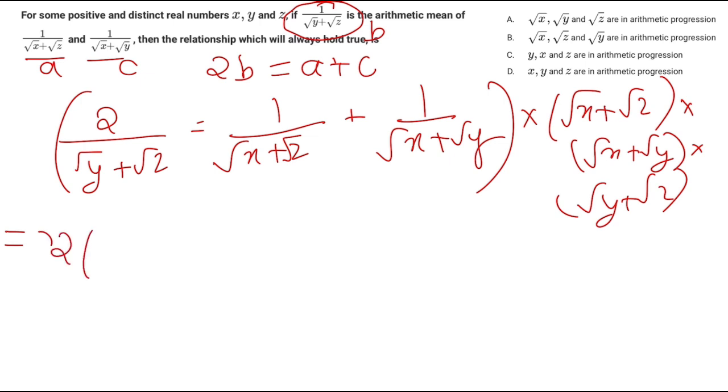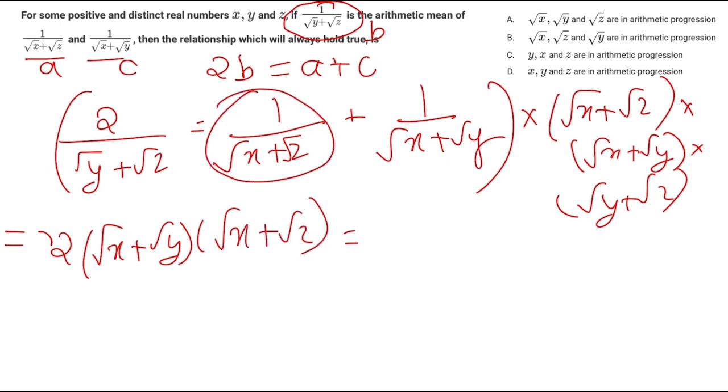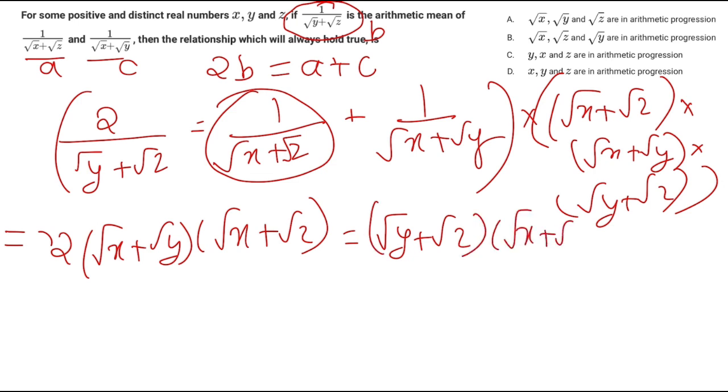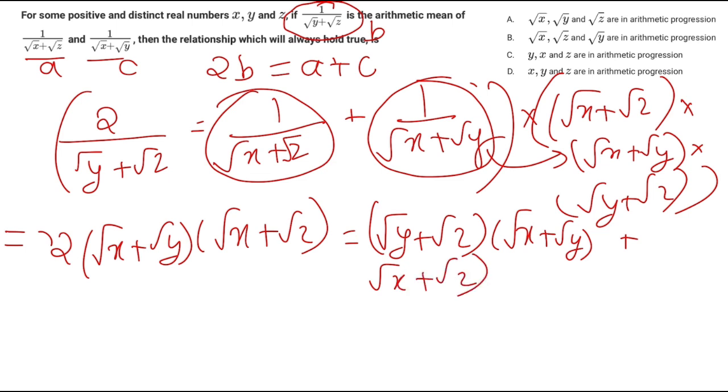So the left hand side here will be twice of root x plus root y into root x plus root z, is equal to this term 1 upon root x plus root z gets multiplied with this entire expression, and will only give you root y plus root z into root x plus root y, plus this term 1 upon root x plus root y will again get multiplied by this particular bracket, and it will get cancelled out with root x plus root y, and it will give you root x plus root z into root y plus root z.